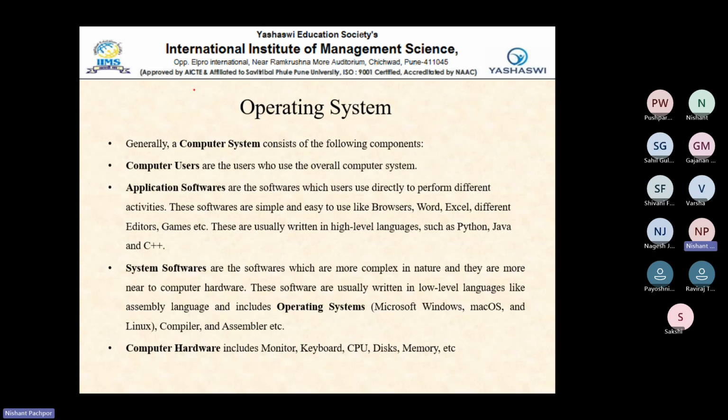Then system software. System software मध्ये आपण काय करतो? We use software which is complex in nature and more near to computer hardware. Means तुमचा जो डेटा आहे, that data application software read करतो, application software तो system software ला जातो आणि system software काय करतो की whatever data is coming from the top level view, जो आपण user view करतोय, तो data conversion चं काम करतो system software.